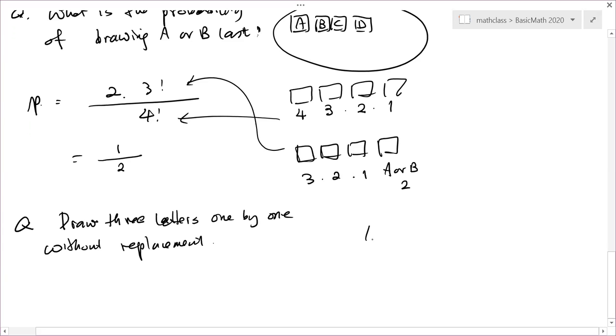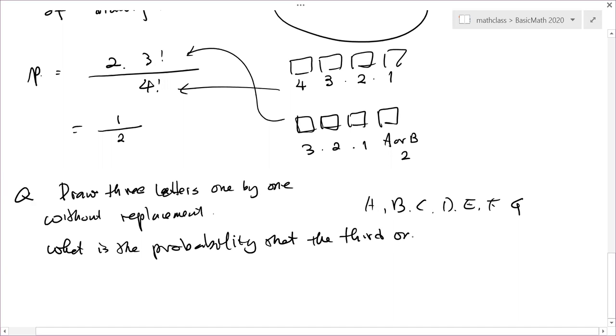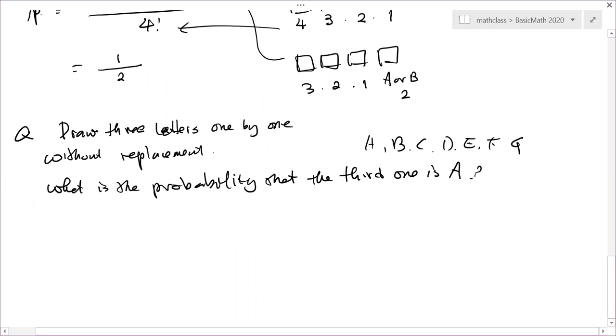You have A, B, C, D, E, F, G. What is the probability that the third one is A?